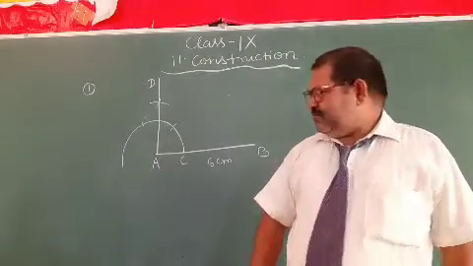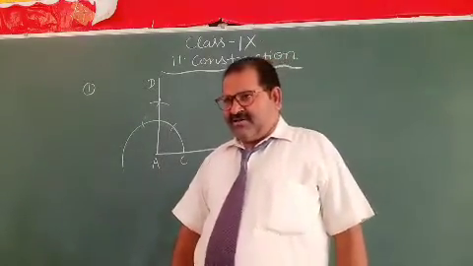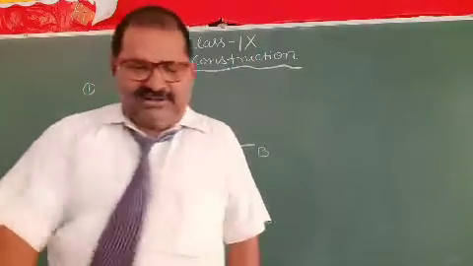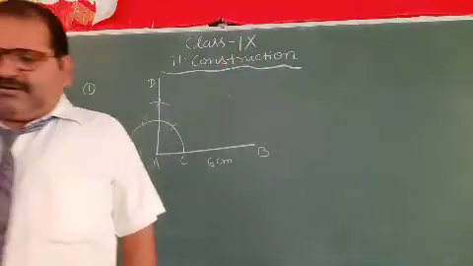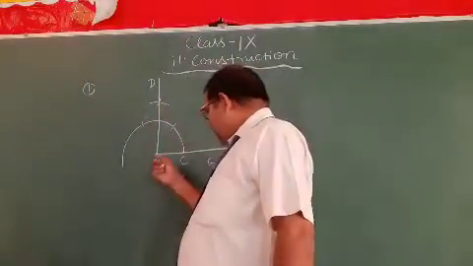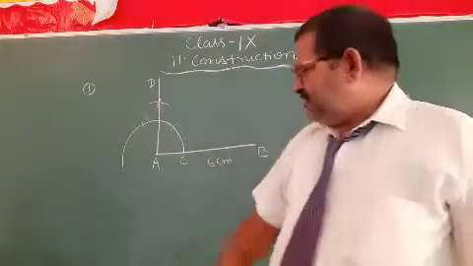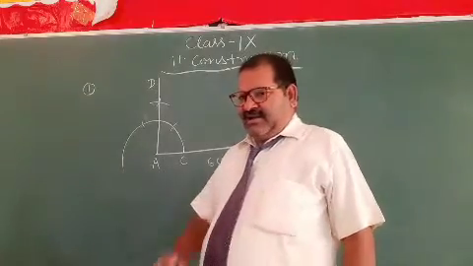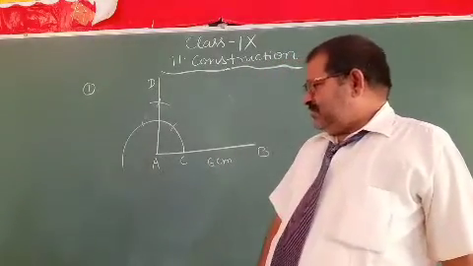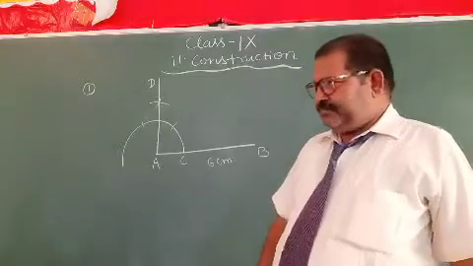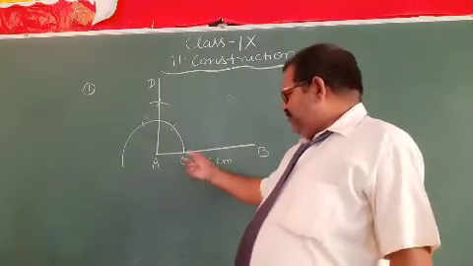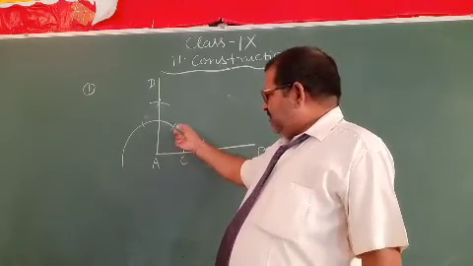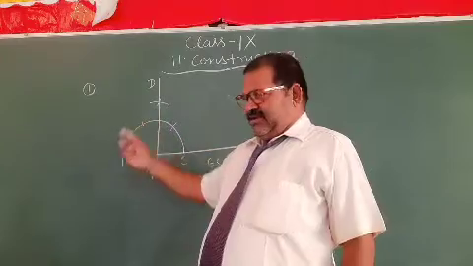Number 2, take a compass at the point A and draw an arc. Number 3, put the compass at the point C and draw an arc and also another arc.